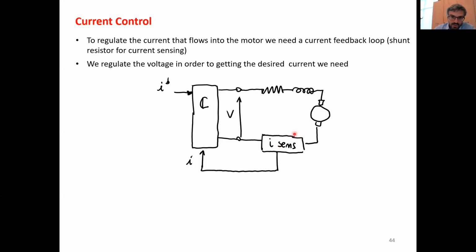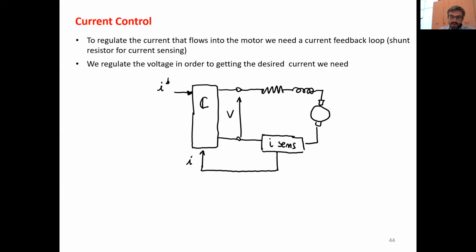through a sensor. And usually this sensor is called a shunt. It's a shunt resistor, simply a very low resistance resistor, across which we detect the voltage drop. And because of Ohm's law, we can get the current by dividing the acquired voltage drop by the value of the resistor.